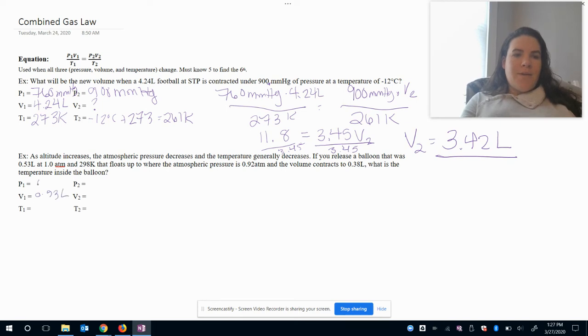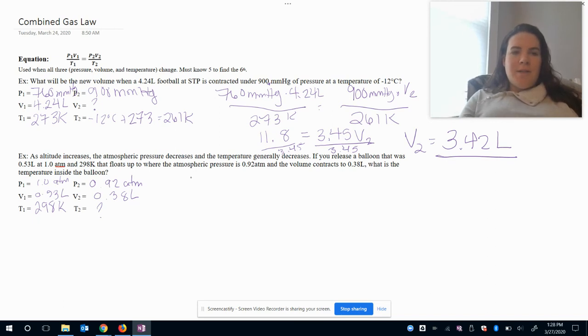The 1 atmosphere is our pressure. And 298 Kelvin is our temperature. And then on the other set of conditions, we've got 0.92 atmospheres as P2 and 0.38 liters as the volume. And we don't know the temperature, so that's the one we're trying to find.